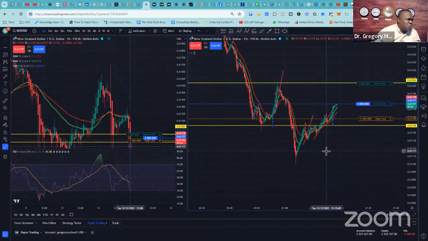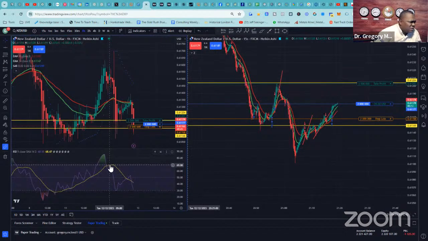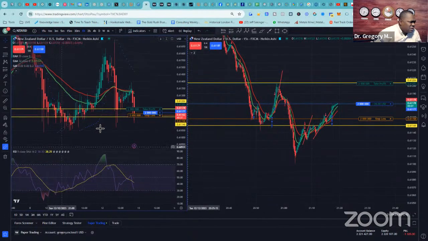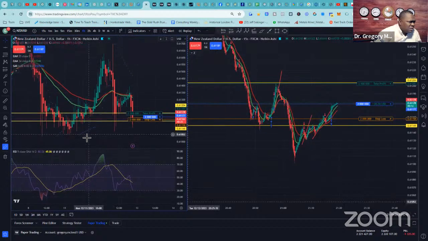There was a lot of support on this 1 hour chart in this area. $61.18.